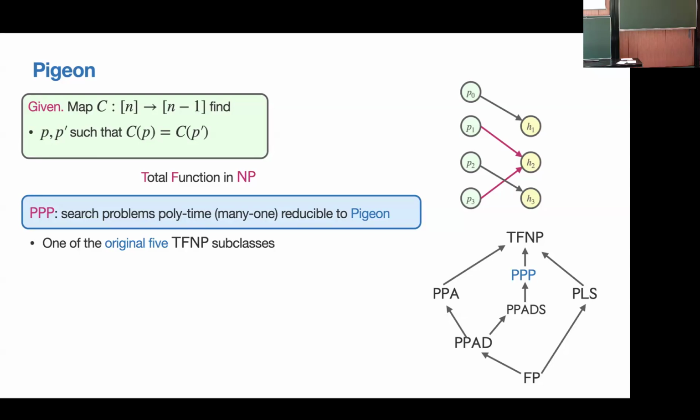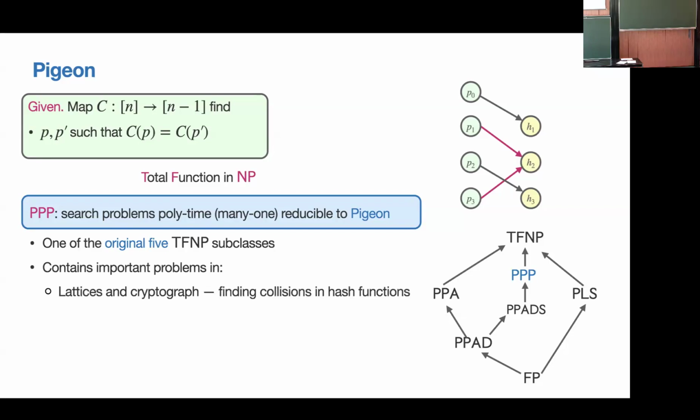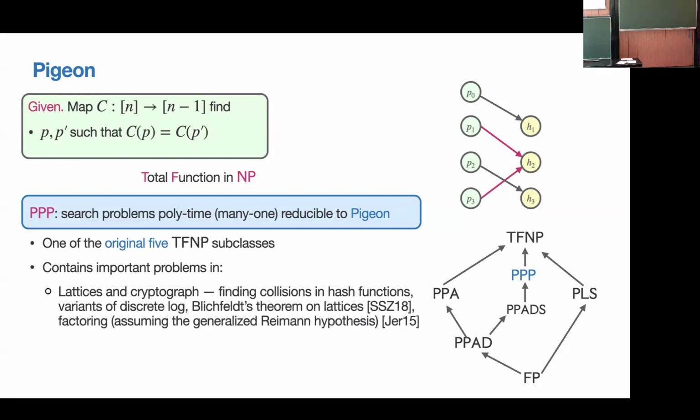It's been extensively studied because it has deep connections to a lot of problems in cryptography and lattices, for example finding collisions in hash functions, variants of the discrete log problem, Blichfeldt's theorem in lattices, and factoring if you assume the generalized Riemann hypothesis, otherwise it's randomized reducible to pigeon.